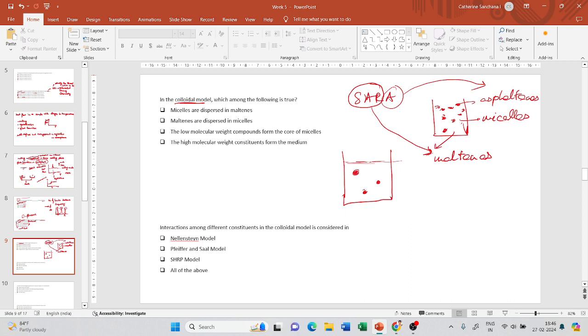Surrounding that you have the resins. Surrounding that you have the aromatics. And later you have the saturates.